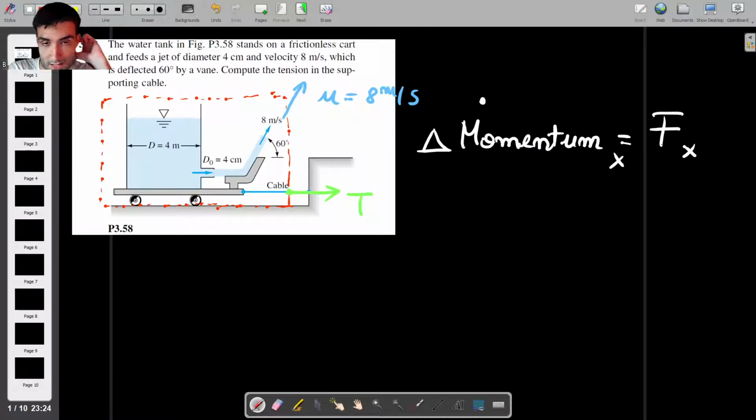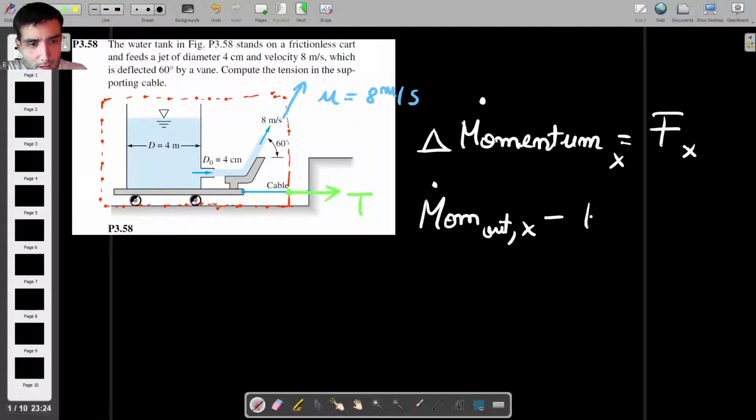So the change in momentum flow rate is equal to the flow rate of momentum out in the x direction minus the momentum flow rate in, also in the x direction.